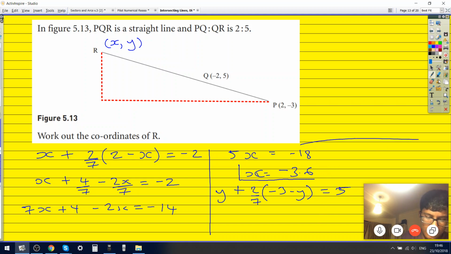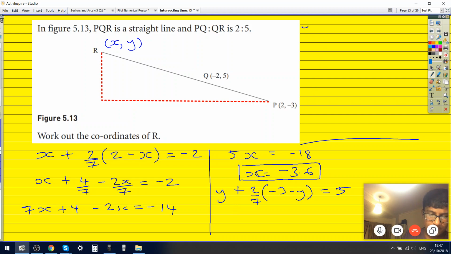So y is -6/7. And if you wanted at this point, you could multiply everything by 7. It's up to you. Well, I've got it expanded now, so I might multiply. Okay, yeah.